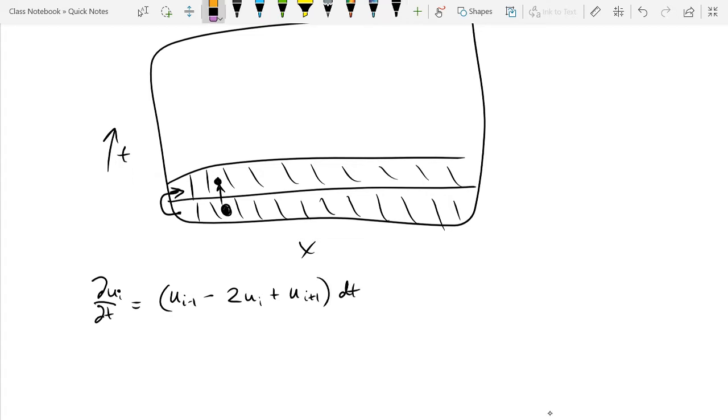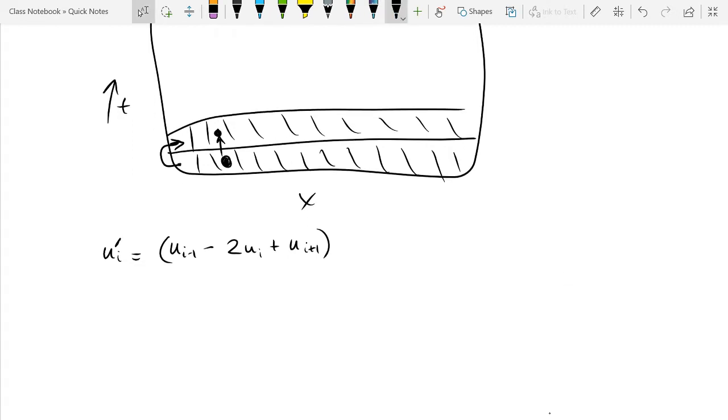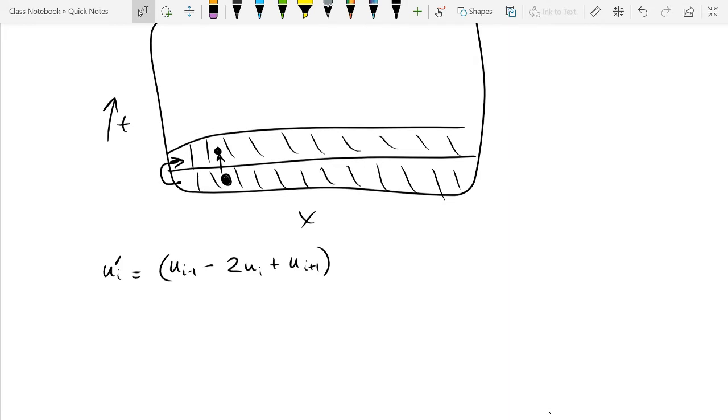Sorry, I'm so used to stochastic differential equations. So u sub i prime equals that. Now let me relate this back to how you've probably seen it. Normally you would do a discretization here and here.